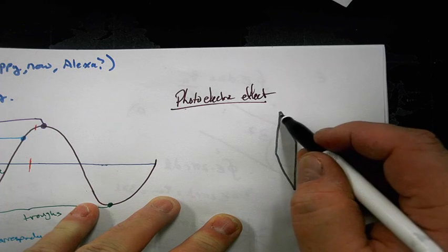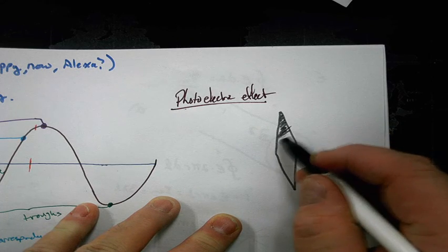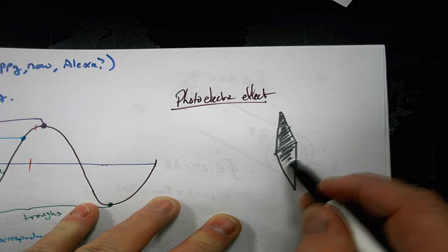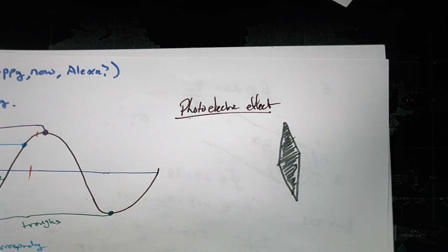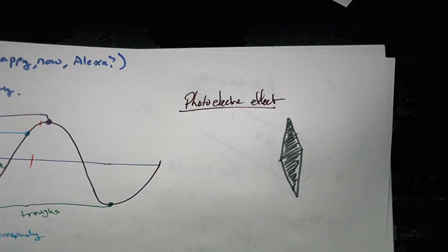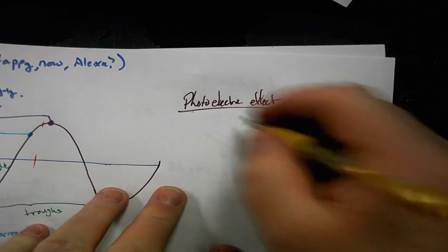So here's this piece of metal. And there's incident light, is what it's called.